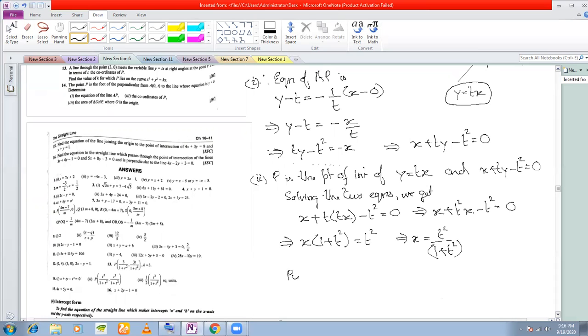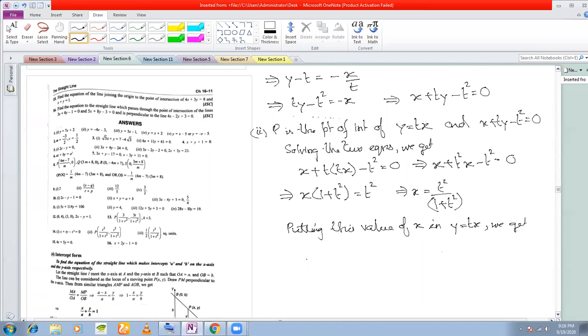Putting this value of x in y is equal to tx, we get y equal to t cube by 1 plus t square.